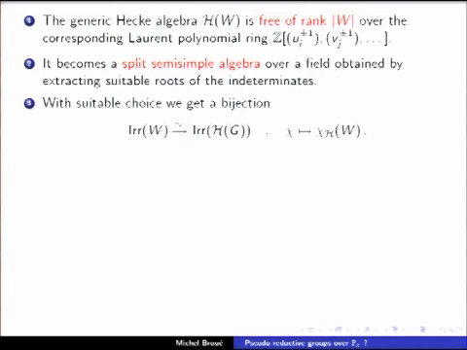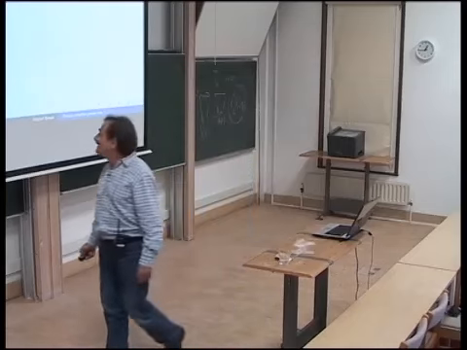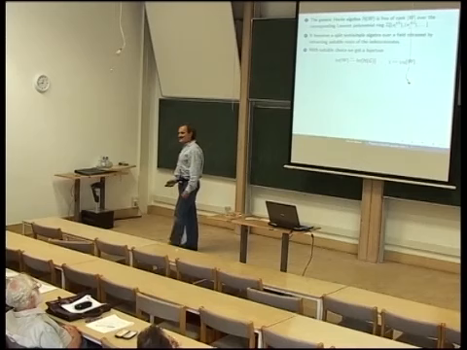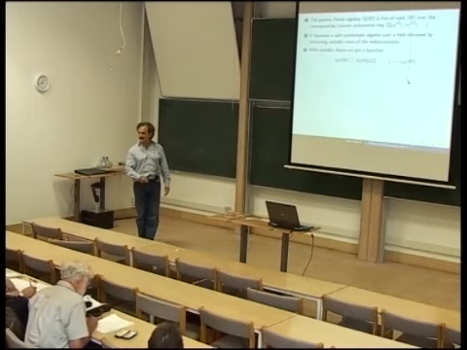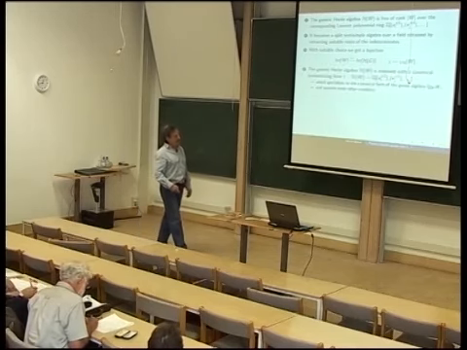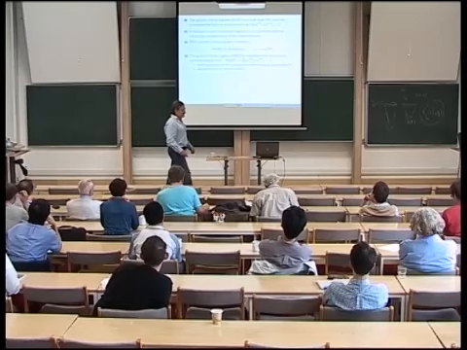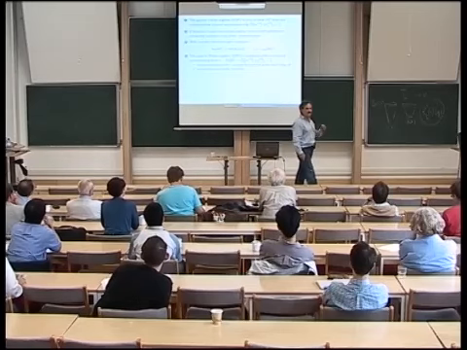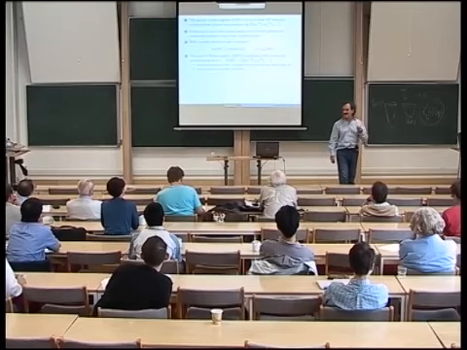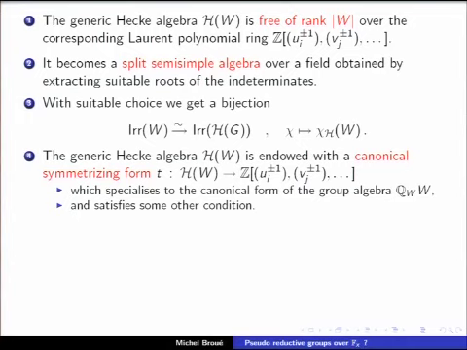And of course, now, by what is known in this area as Tits deformation theorem, because this is a deformation, there is a bijection between the set of irreducible characters of W and the set of irreducible characters of this Hecke algebra. This is general. Now what is even stronger is that it becomes equipped with a nice symmetrizing form, a linear form, which makes it a symmetric algebra over this Laurent polynomial ring.